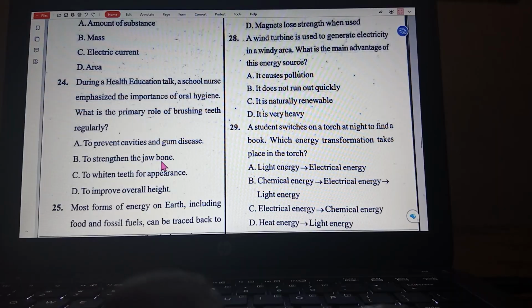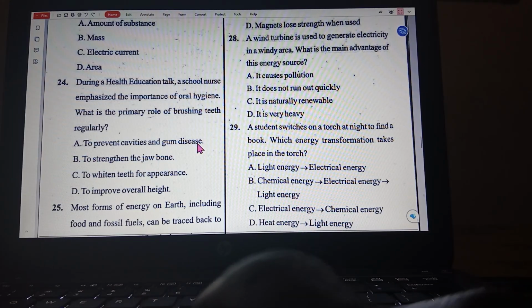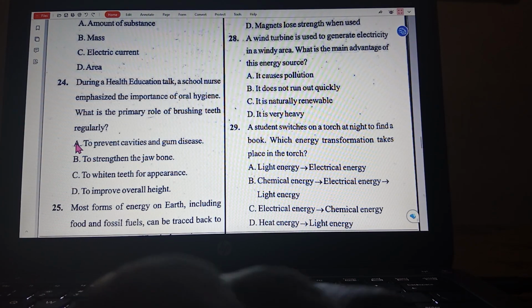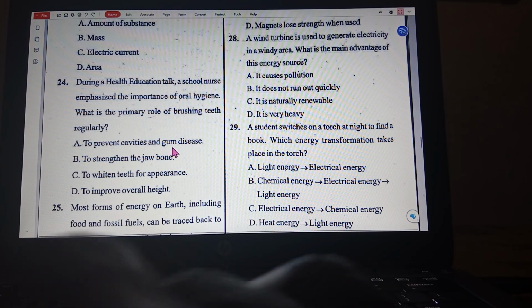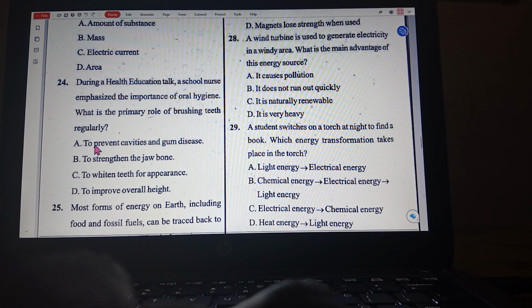To strengthen the jawbone, to whiten the teeth for appearance, to improve overall health, to prevent cavities and gum diseases. The answer is A. The reason why we brush our teeth regularly is to prevent cavities and gum diseases.